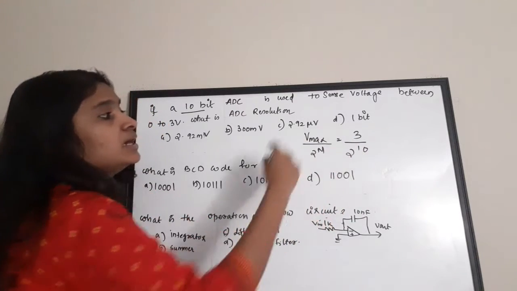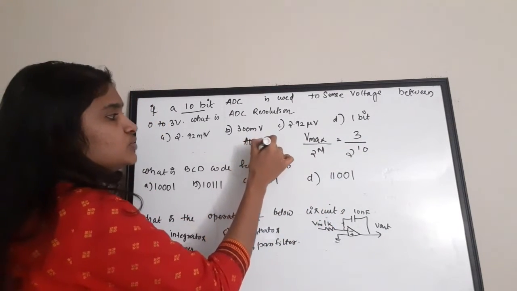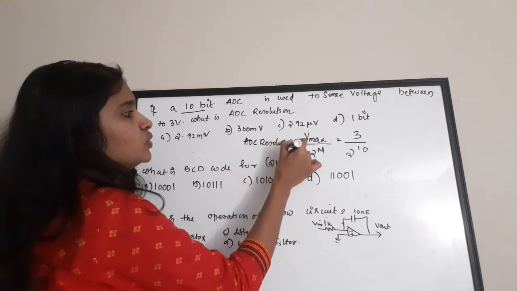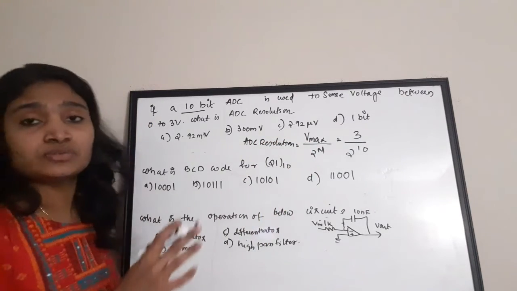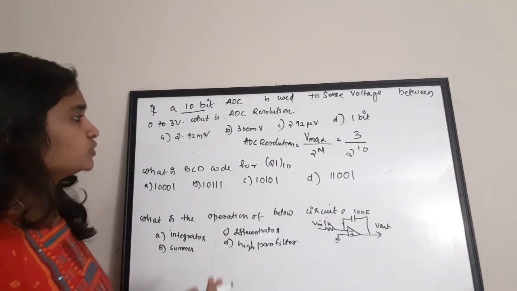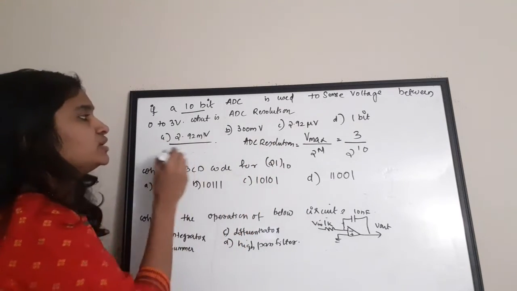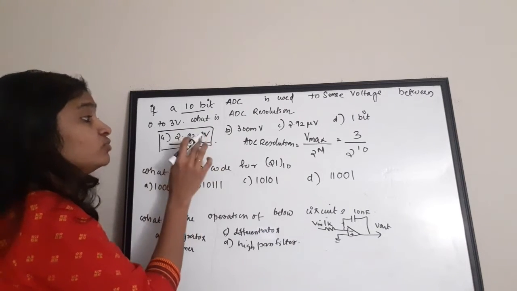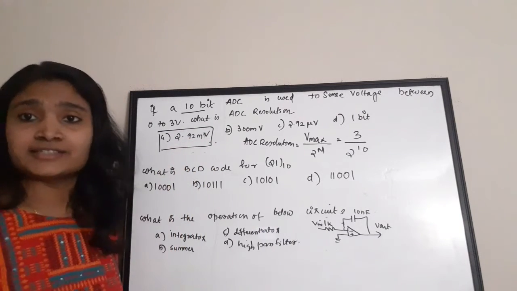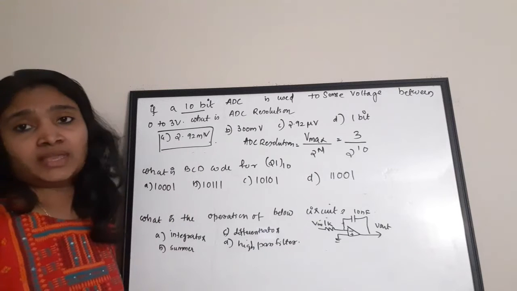This is the equation to find the ADC resolution in terms of voltage, and if you solve it, you will get the value as 2.92 millivolt. That is the ADC resolution. The correct answer is option A.